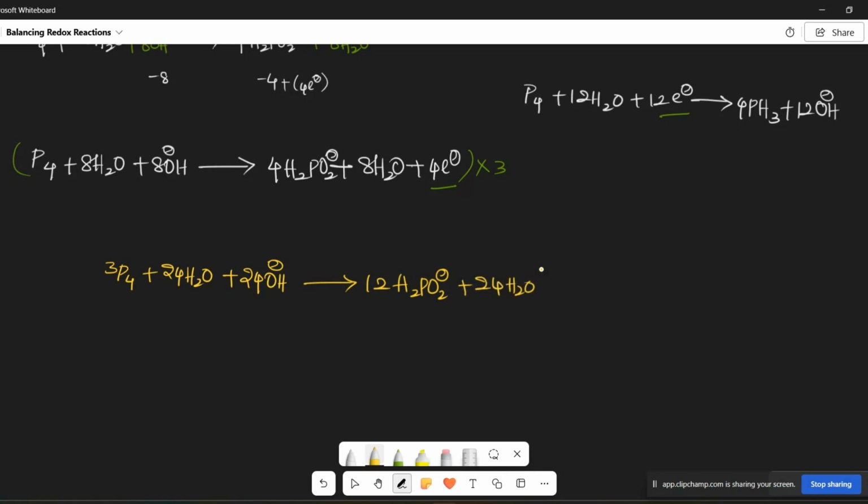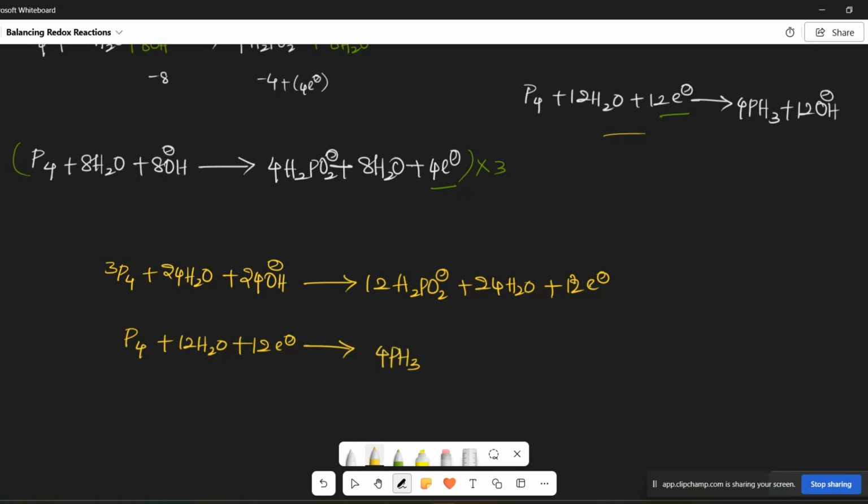You can just cancel out these water molecules. This is 12 electrons. And just write this equation over here under this. P4 plus 12H2O plus 12 electrons.